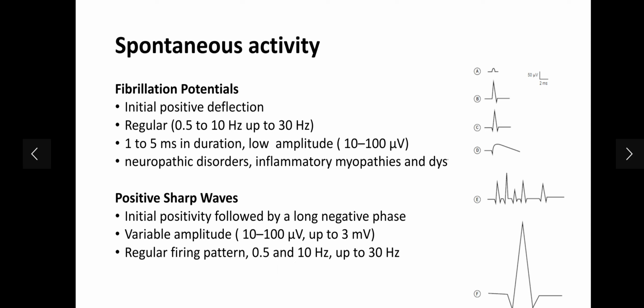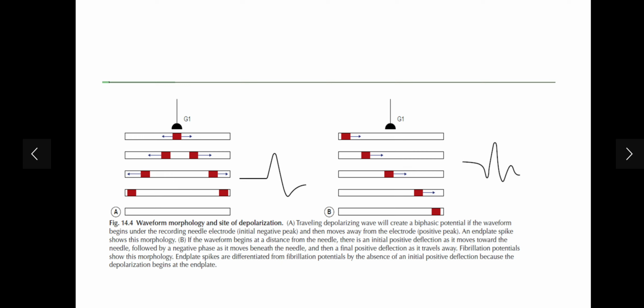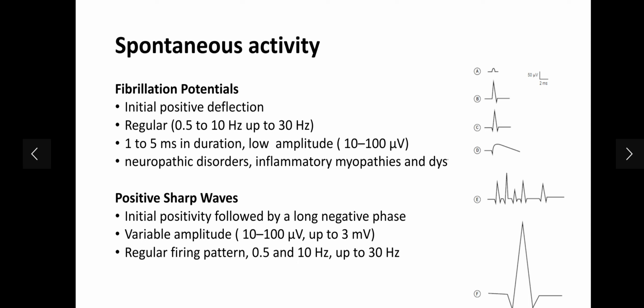They have initial positive deflection because they are generated away from the needle and arrive towards the needle like we explained before. So you will get an initial positive deflection followed by negative deflection. They are usually regular, and this is another difference between fibrillation potentials and end-plate spikes, which are irregular.